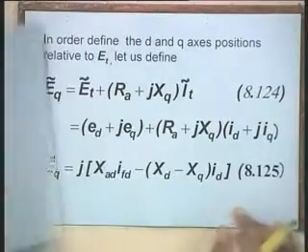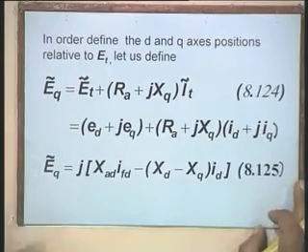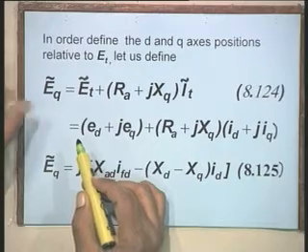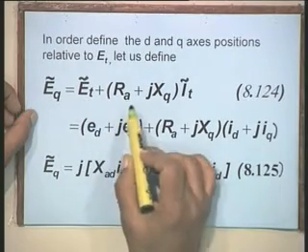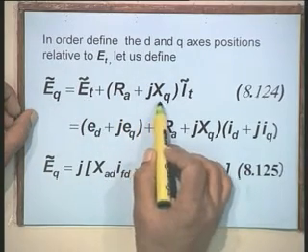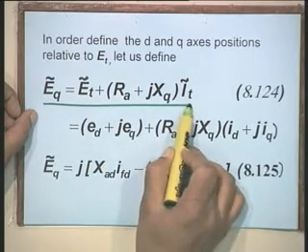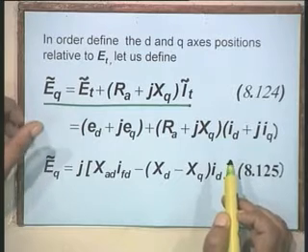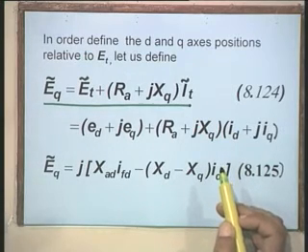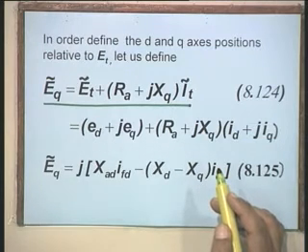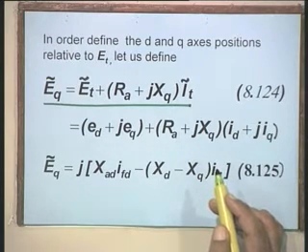some of these equations are repeated; the ED is given by this expression we already established. To establish the relationship, we define a phasor EQ as terminal voltage plus RA plus j times XQ into IT. This relationship is very well known to all of us. My intention is to establish the relationship between the terminal voltage and the d and q axis.